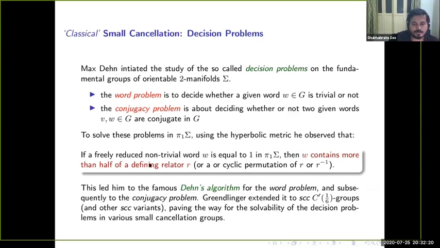This observation led to the famous Dehn's algorithm, and later on Greendlinger extended it. He proved similar results in C prime 1/6 groups, and later for C prime 1/8 groups the conjugacy problem and so on. So this paved the way for the solvability of the decision problems in small cancellation groups.